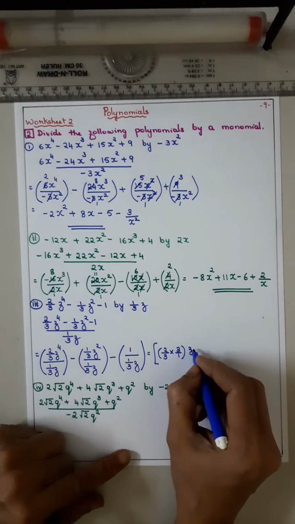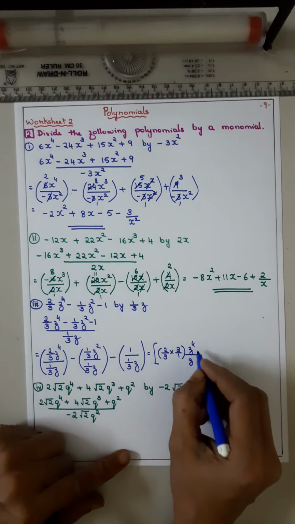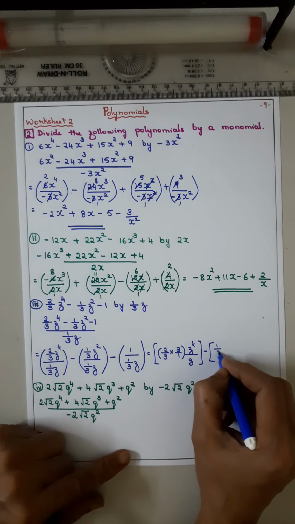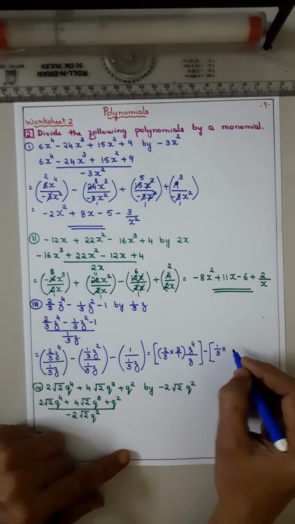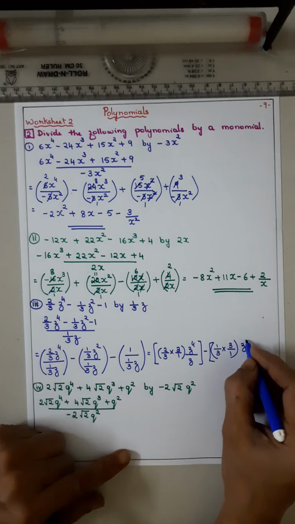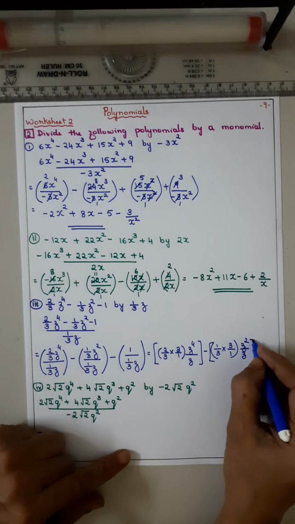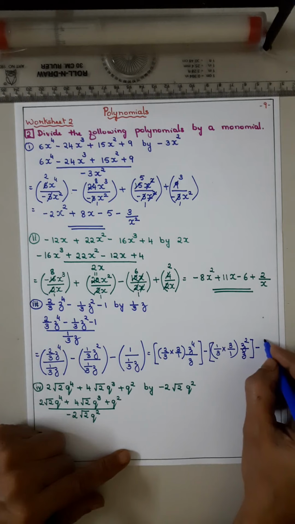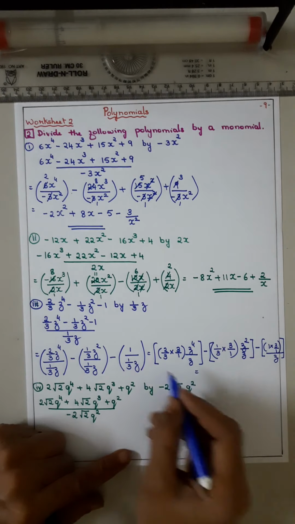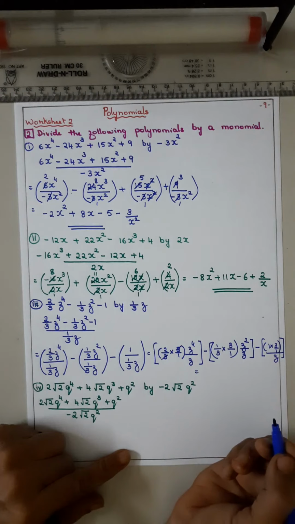Now z to the power 4 upon z, minus 1 by 3 divided by 1 by 3 becomes, then z squared upon z, minus 1 into 3 by 1 in the denominator z. That is, this one becomes, 3 gets cancelled.